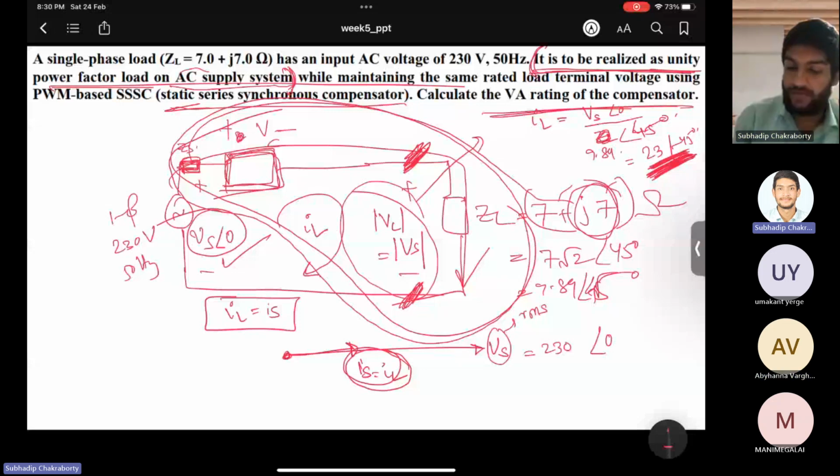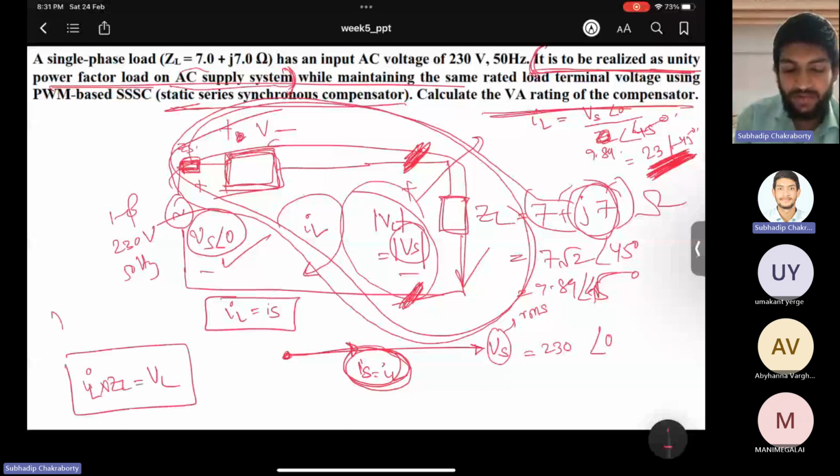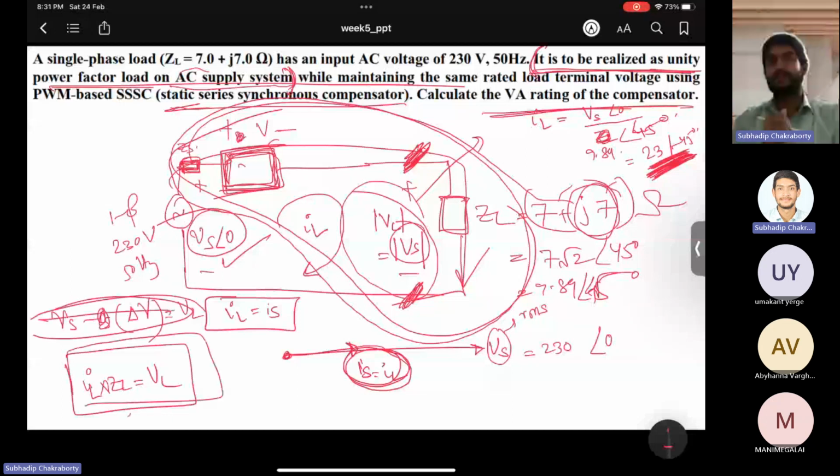You know the current, so just multiply with the load impedance and you get the load voltage. IL into ZL is VL. You don't need to do VS minus IS into something, because that is VS minus some delta V by this compensator. The easy way is IL into ZL.